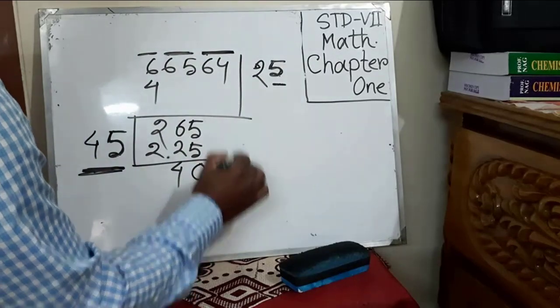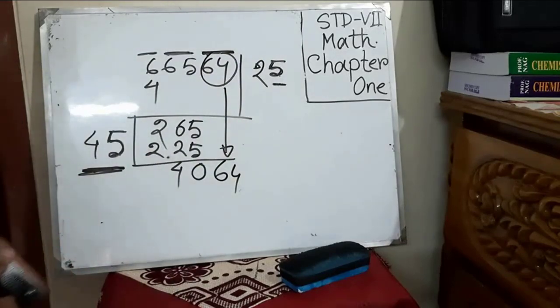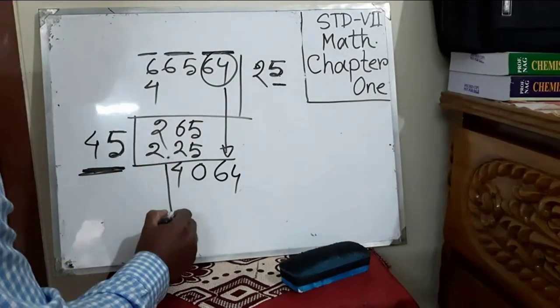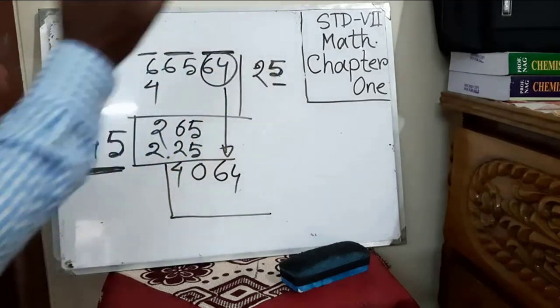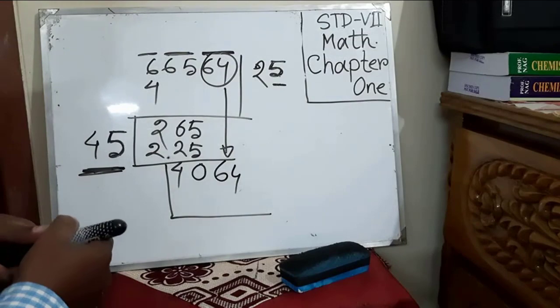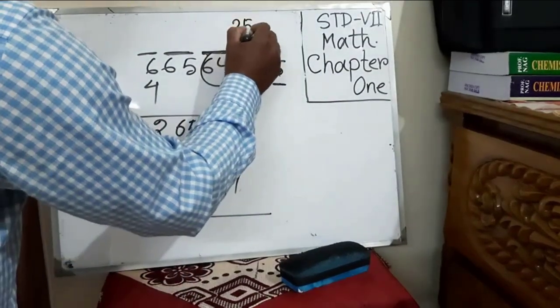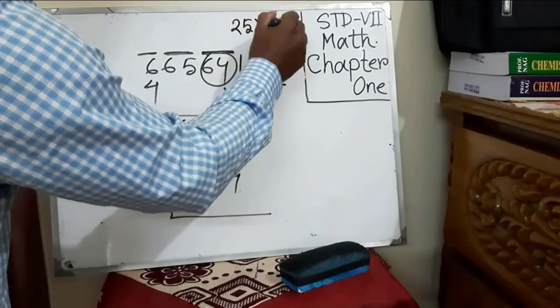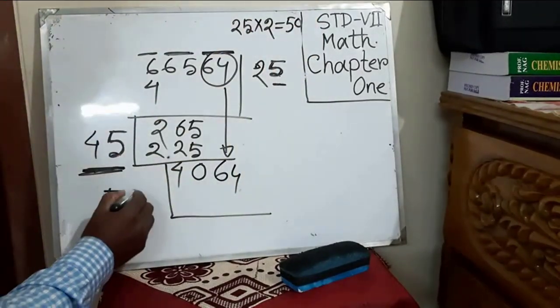This pair will be brought down. 64. Then what? 25. So what's the double of 25, or twice of 25? It is 50. Whatever the number, you will multiply by 2 and you will get 50. So you will write here 50.